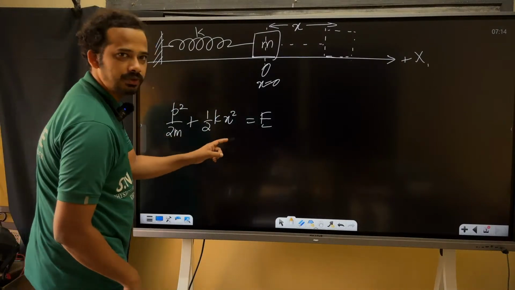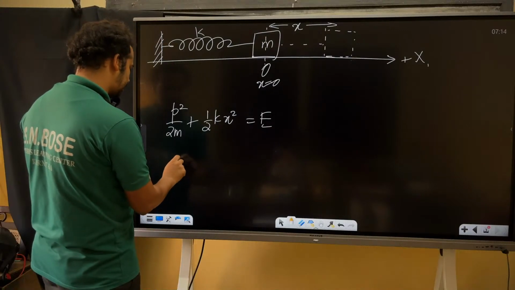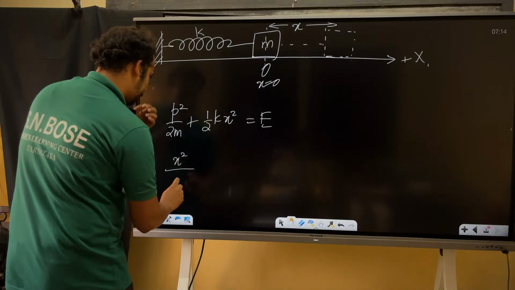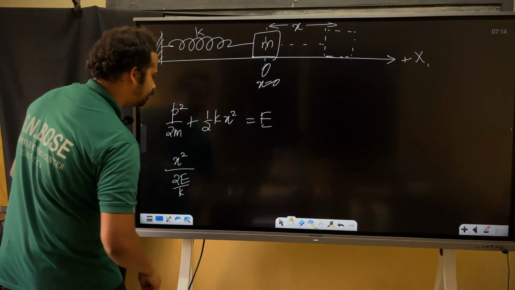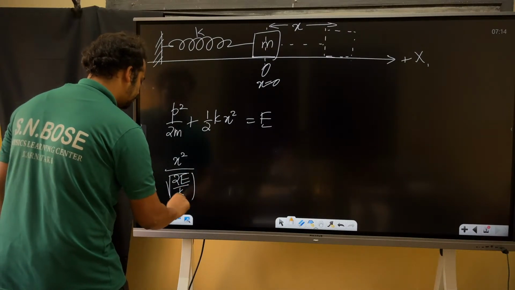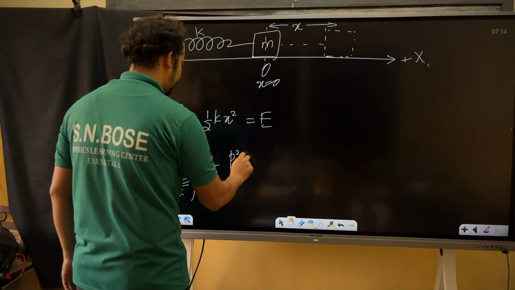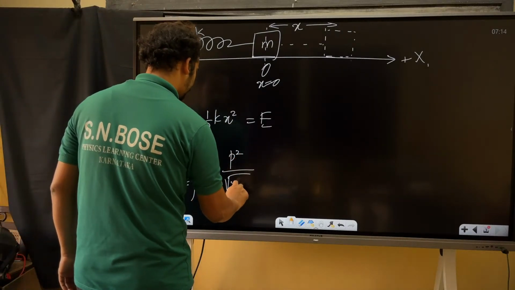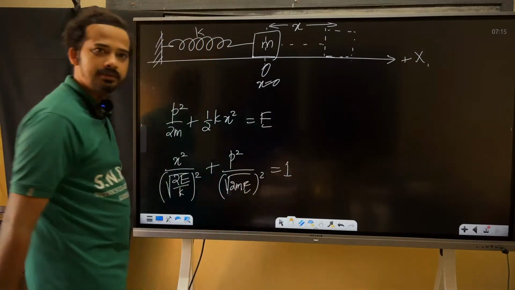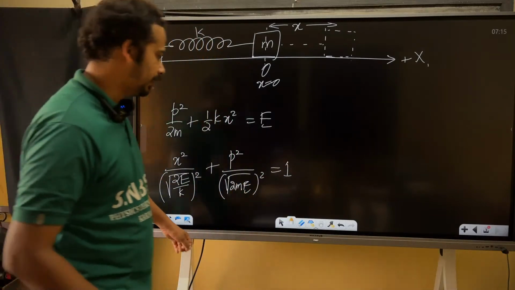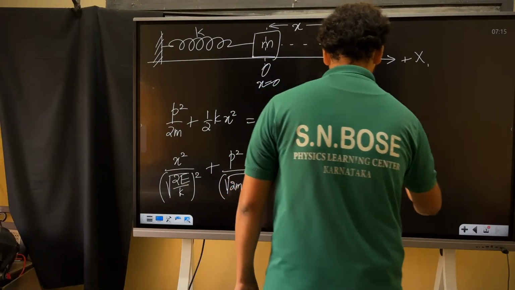I'll start with this: x square by (root of 2E by k) the whole square, plus p square by (root of 2mE) the whole square, equal to 1. What is this? This is an equation of an ellipse.